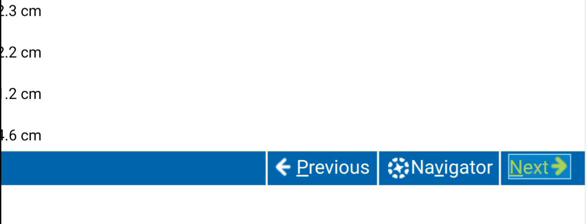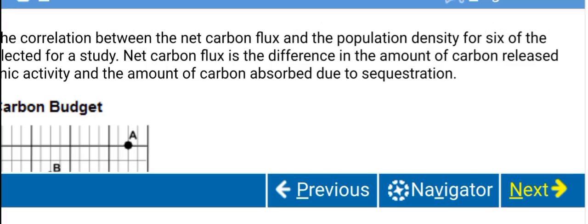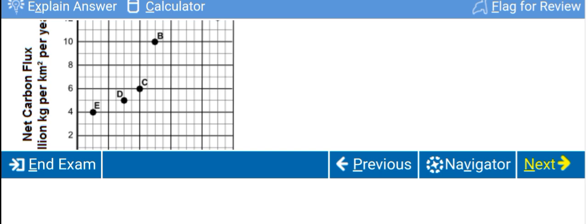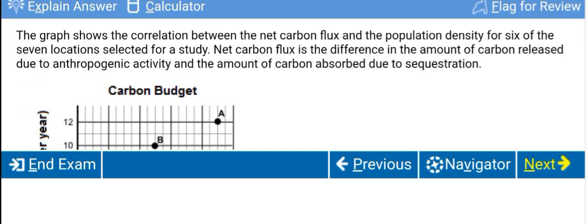Next question is question number 21. Now again we have a different passage with a different chart. The statement is: the graph shows the correlation between the net carbon flux and the population density for 6 of the 7 locations selected for our study.